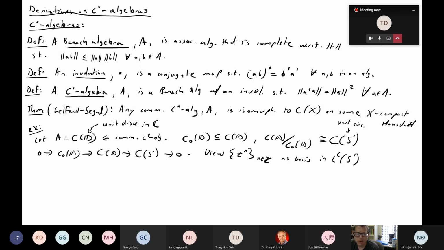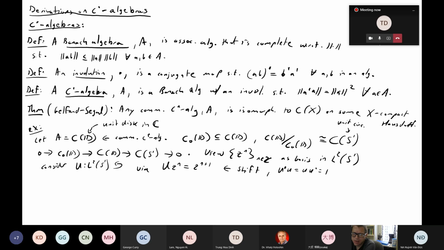And then I want to consider the following map: U acting on L2 of S to itself via U on z^n is just z^{n+1}. So it's really just a shift. And it will have the property that U star U equals U U star equals 1.